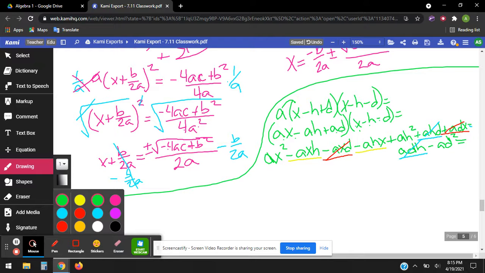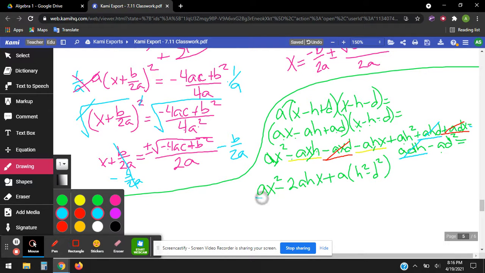So now I have equals ax squared minus 2ahx. And then I have an ah squared and an ad squared. I can take the a out of these and just do h squared minus d squared in parentheses.